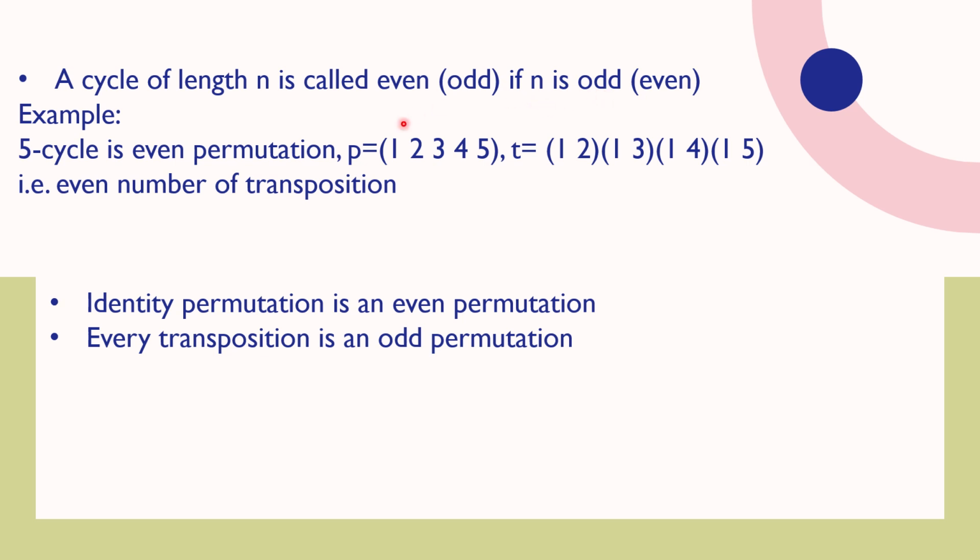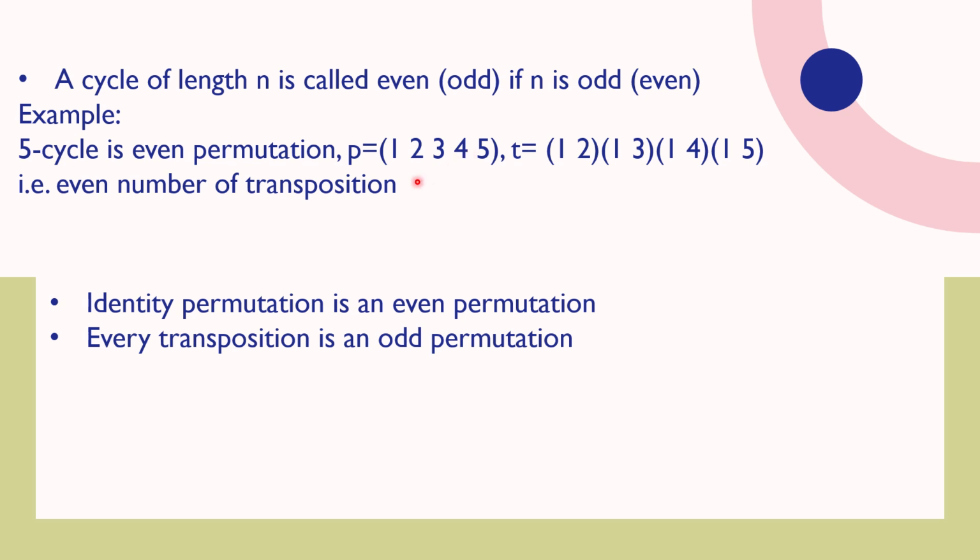So we take the same example and try to understand what the statement says. We just said that a permutation being even or odd is linked with the transpositions, right? But when you look at a cycle, the cycle itself has an odd number of elements. The length is odd. So if the length of the cycle is odd, that means the permutation is even.